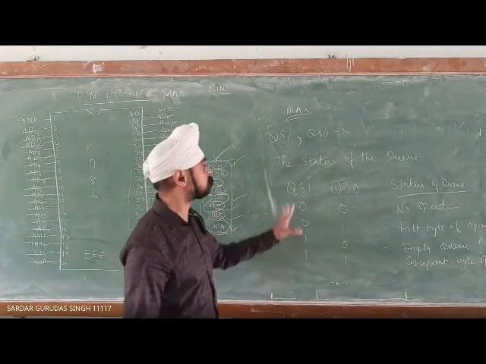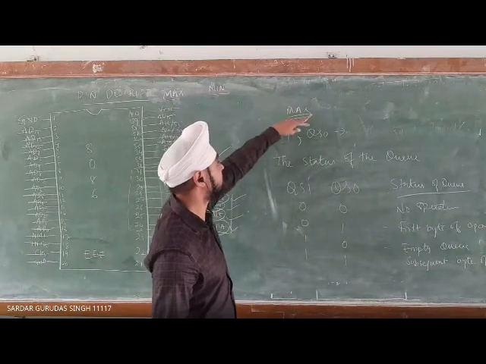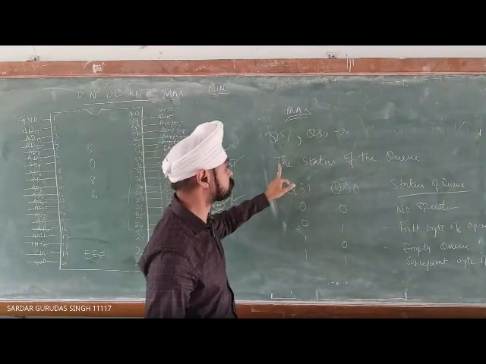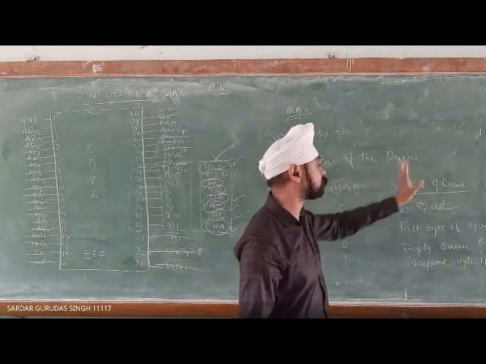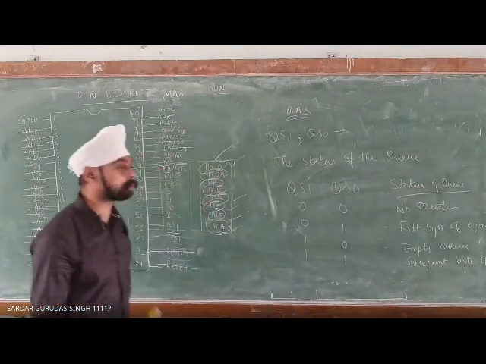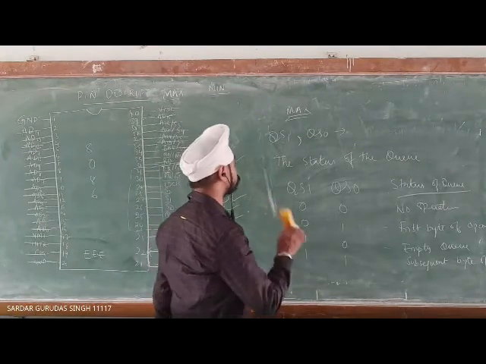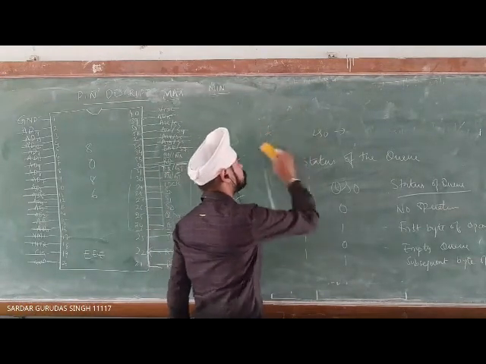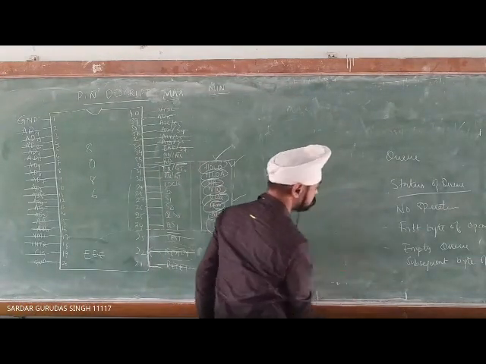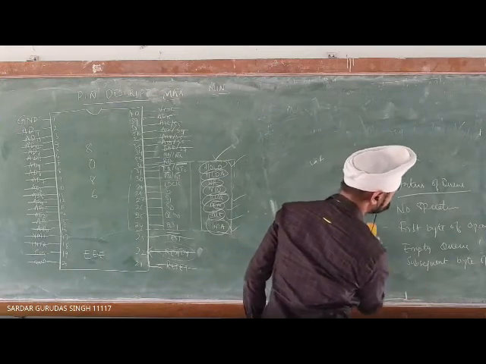Overall, QS1 and QS0 indicate the status of the queue, what type of operation has been performed on the queue.